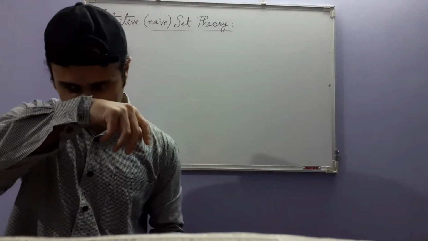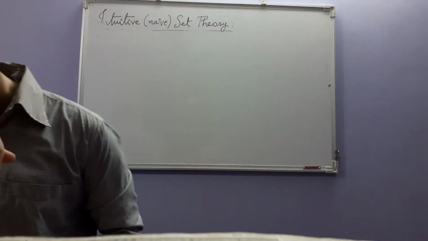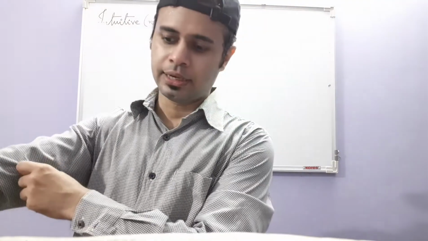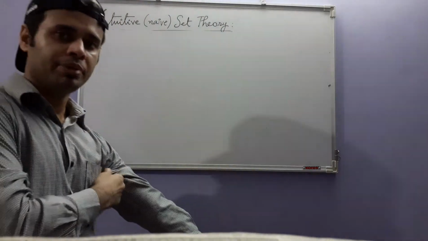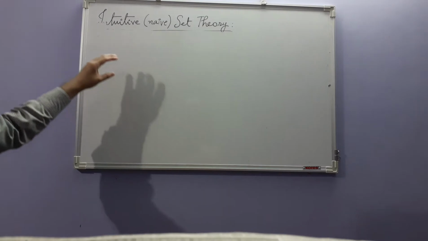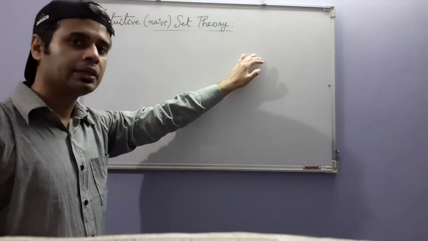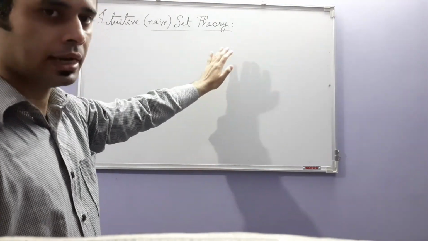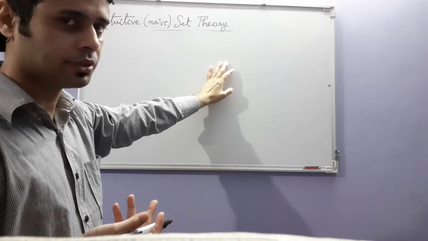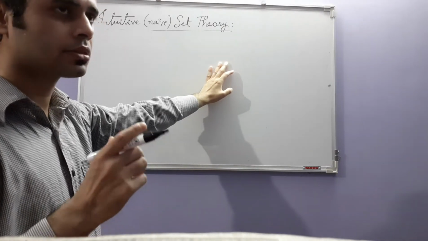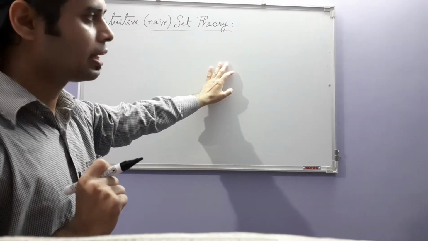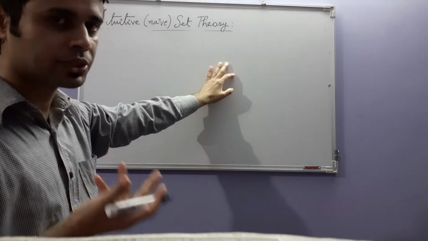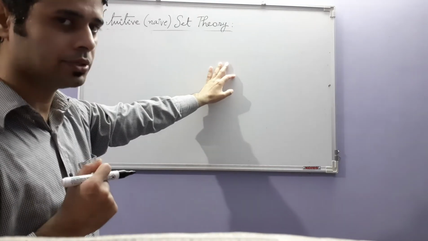Okay, now the next thing is, okay, do you remember the beginning of our video? After writing down the definition of a set as a well-defined collection of distinct objects, we emphasized the word objects, and we said that sets themselves are also considered as objects.